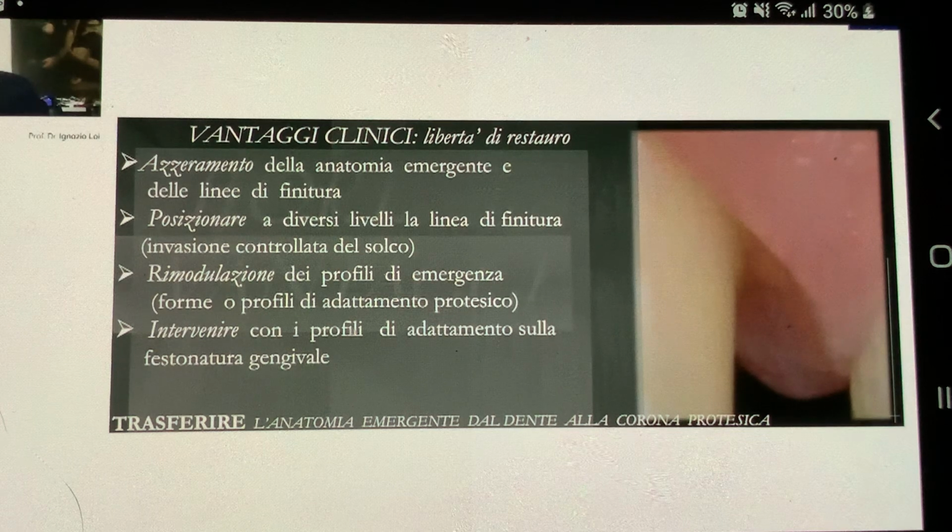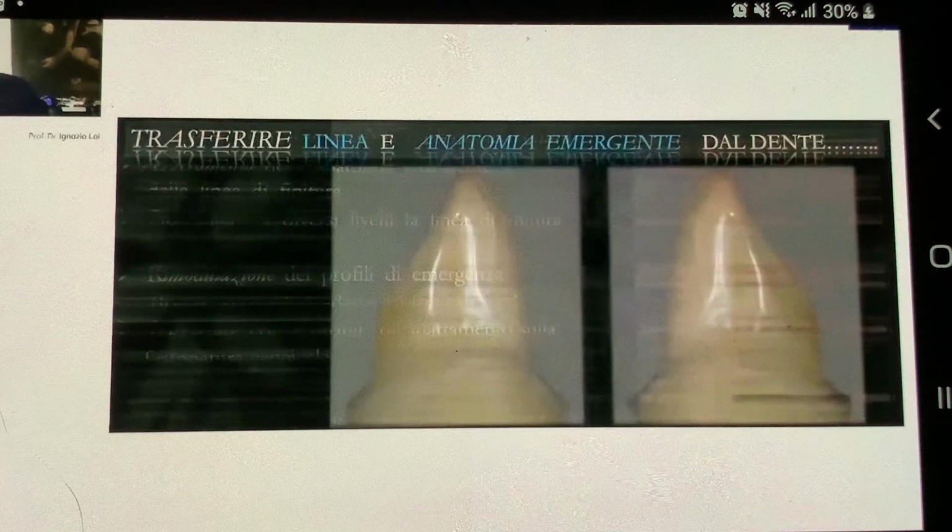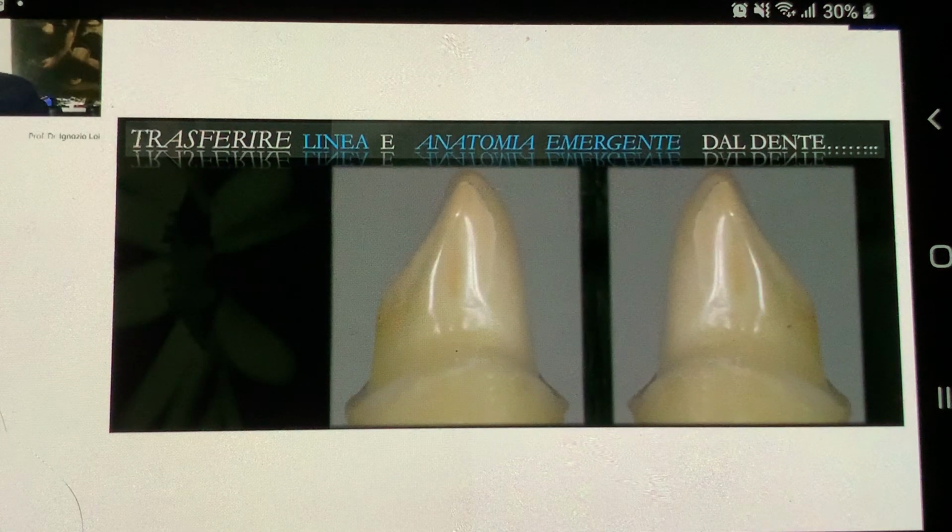And so intervening with these new profiles, with this new emerging anatomy, for a new adaptation of the tissues on these new things.